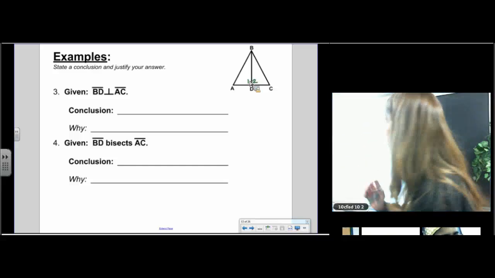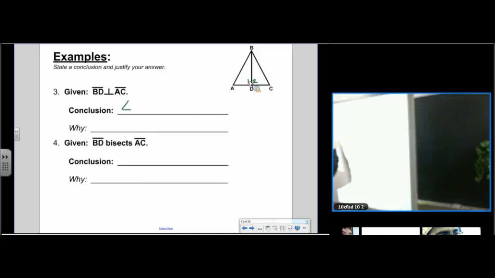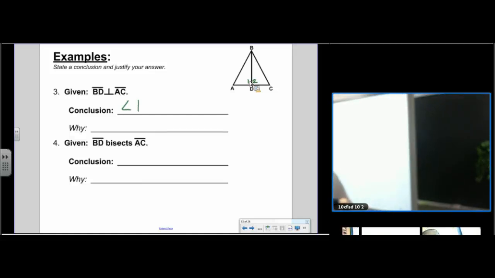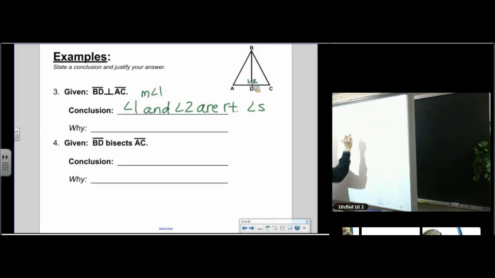So my conclusion is that angle 1 and angle 2 are right angles. You could have also put the measure of angle 1 equals the measure of angle 2 equals 90. Or you could have put measure of angle 1, comma, measure of angle 2 equals 90.